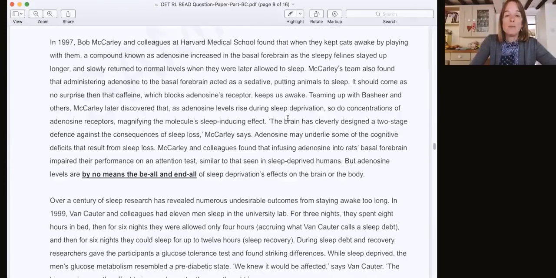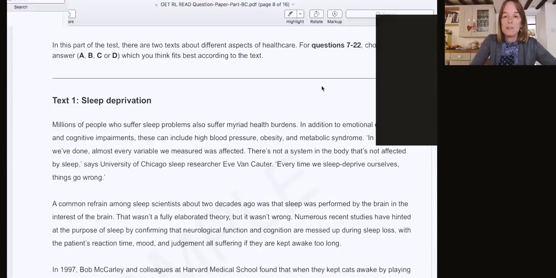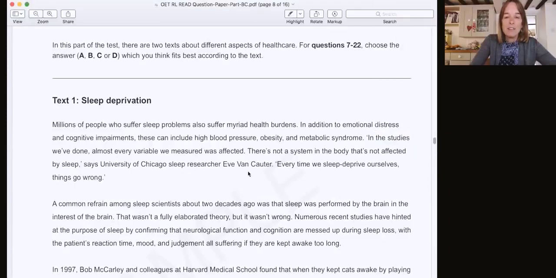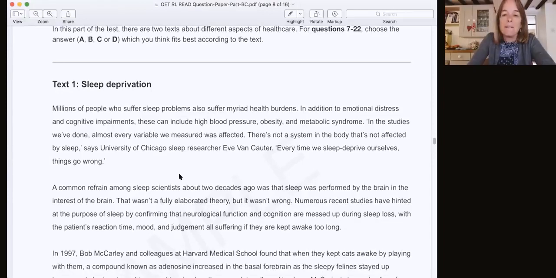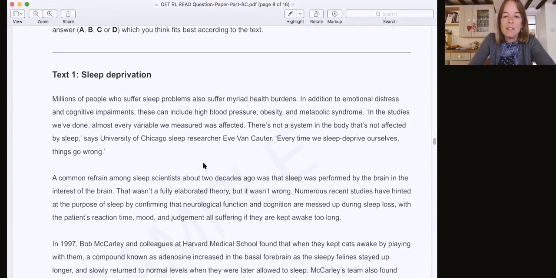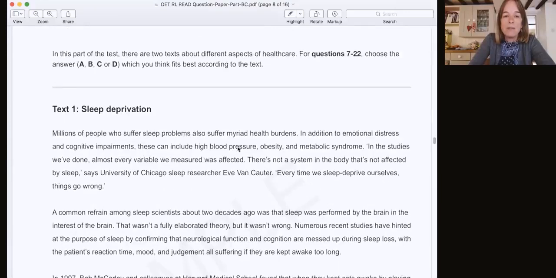Sorry, I'm probably making you dizzy, I'm scrolling up and down a lot here. What I'd like you to do right now is skim read the first paragraph. I'm going to give you a little bit of time to do that. Hopefully you've skim read and at least got an idea of what this paragraph is about.